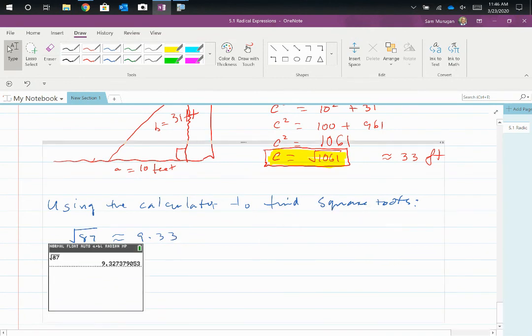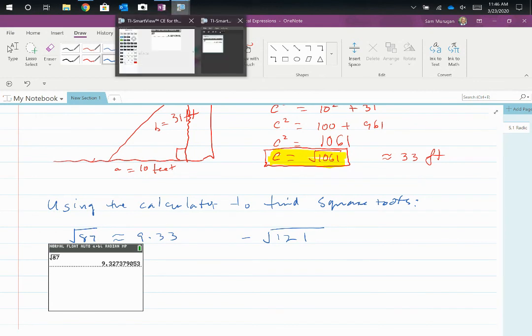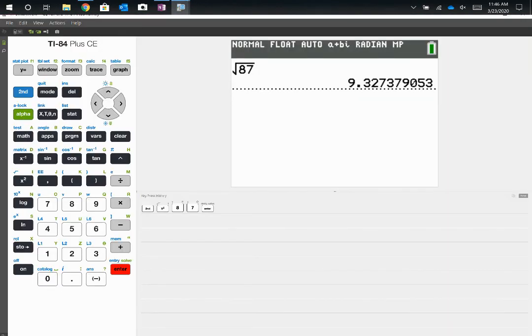Okay, if we have the negative square root of 121, I would go to my calculator, press the negative sign, second x squared, 121, enter, and I can see that that is negative 11.